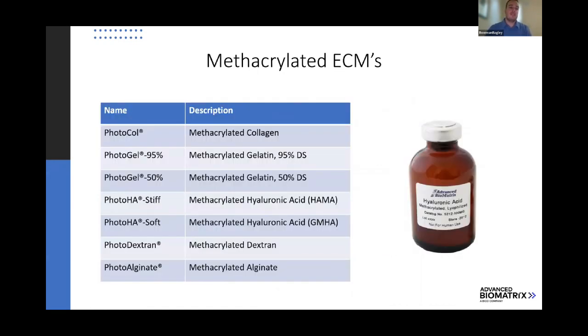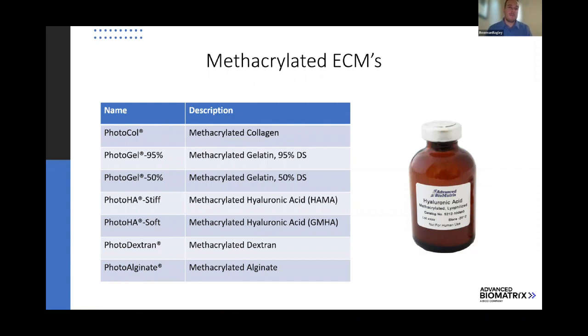So that led us into the creation of these methacrylated extracellular matrices. The ones that we started on are the ones that really help recreate the human body, right? We started with collagen, gelatin, and hyaluronic acid.